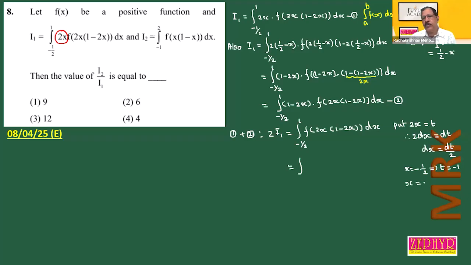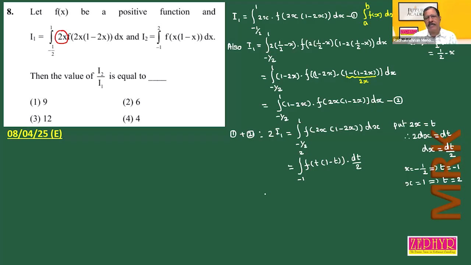X is equal to 1 implies t equal to 2. That means lower limit is minus 1, upper limit is 2. Okay. F of, in the place of 2x, it is t. Okay. Into 1 minus t. In the place of dx, it is dt by 2.